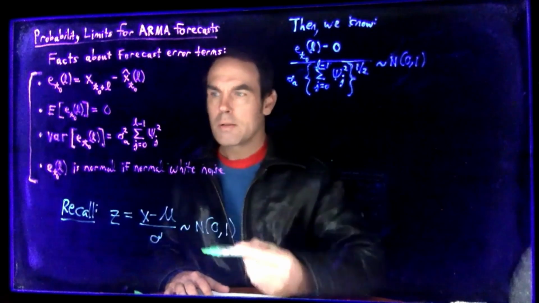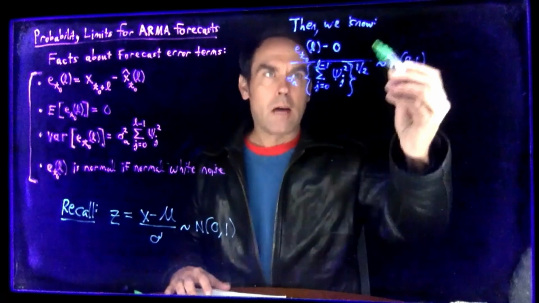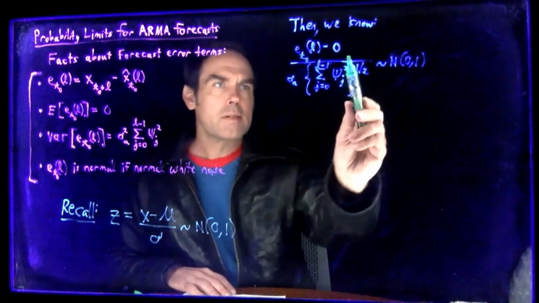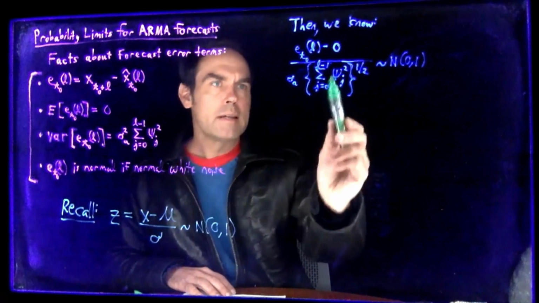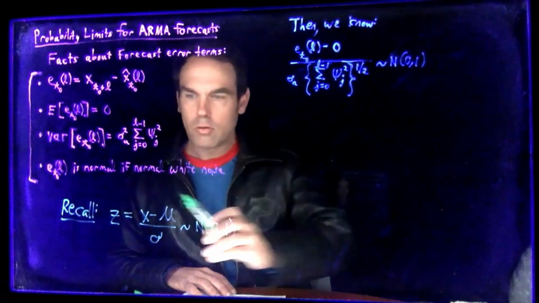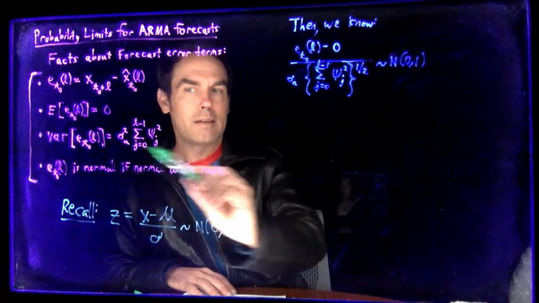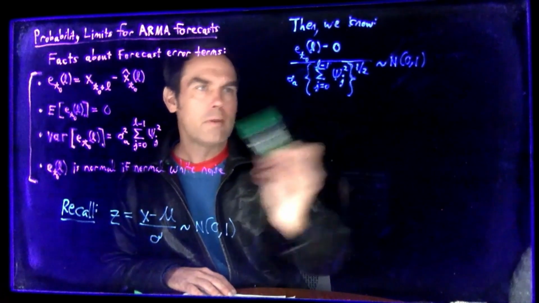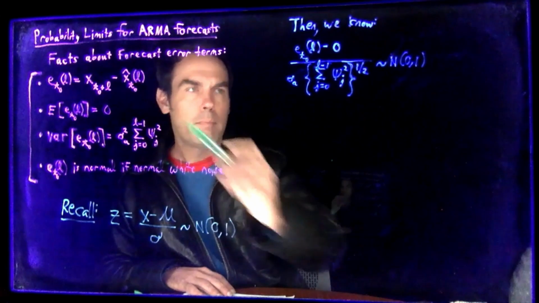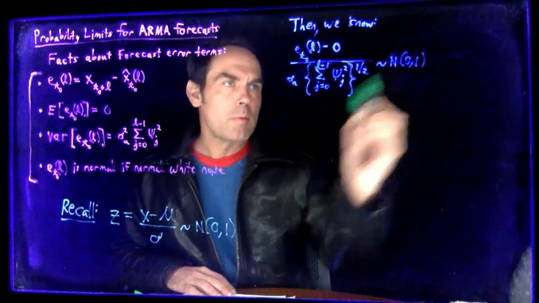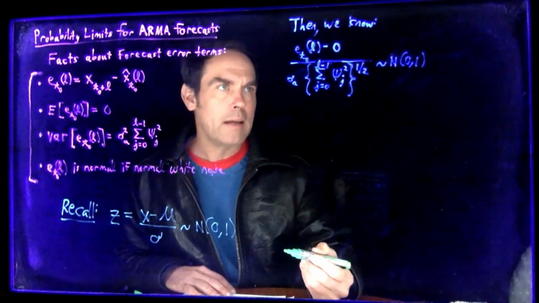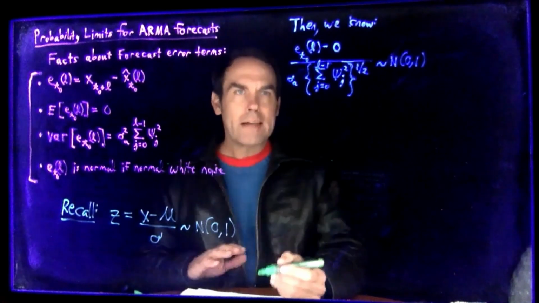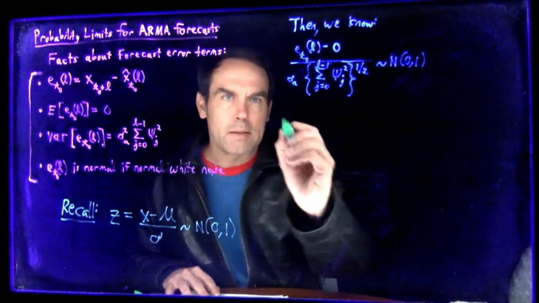We know the variance. So that means that we can write this as e of T naught of L minus its mean, which is 0, divided by its standard deviation, which is the square root of the variance, which gives us sigma A times the square root of this term. We know that that should be distributed normally with a mean of 0 and a standard deviation of 1, just like it is here. So that's very convenient. That's going to get us a long ways in this process.